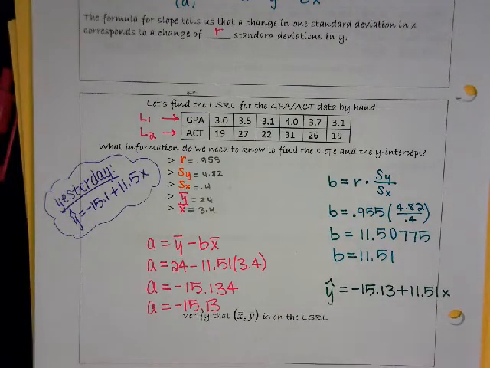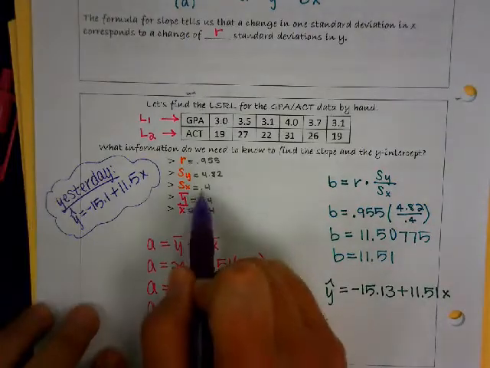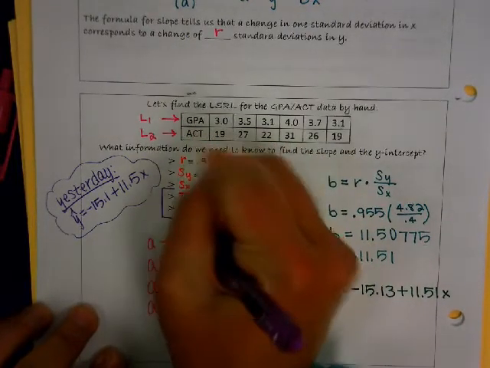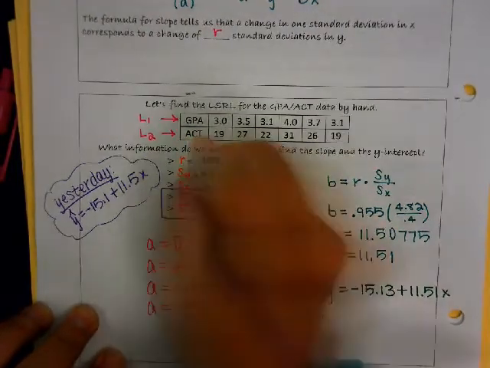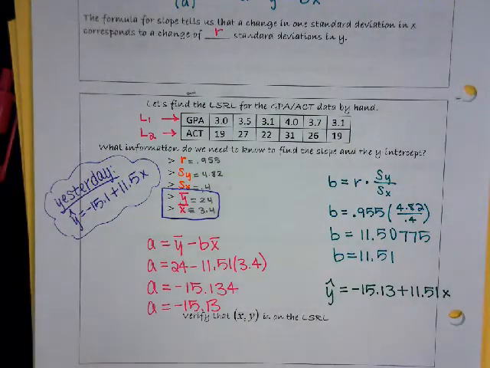Now, we're going to verify that x bar comma y bar is on our least squares regression line, which means we're just going to plug these values in for x and y in our equation and make sure we get a true statement. I have seen this question show up multiple times as multiple choice on the AP exam.